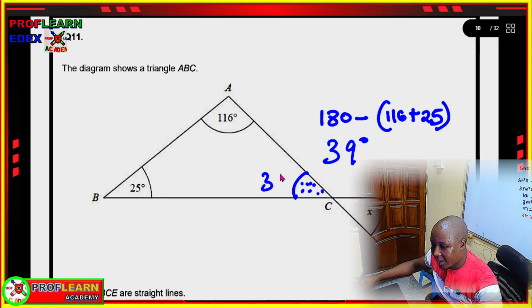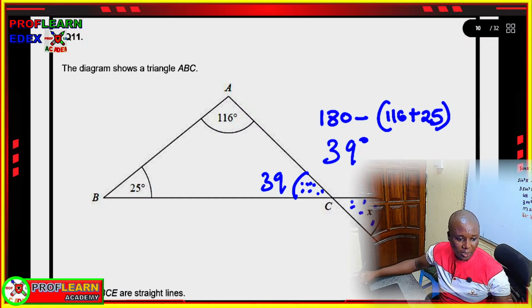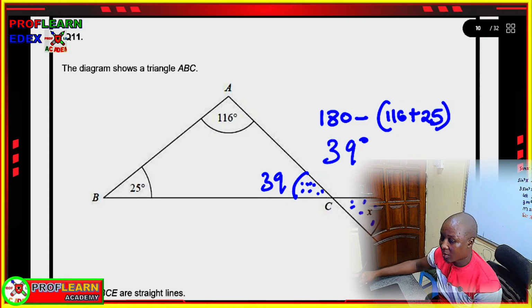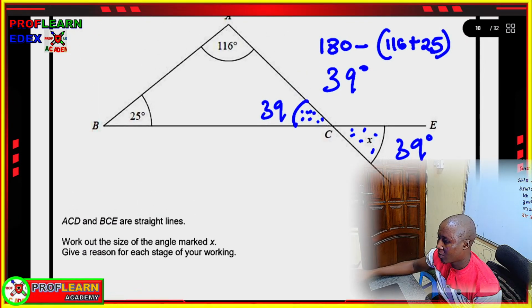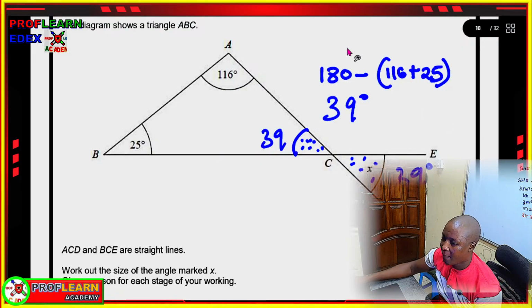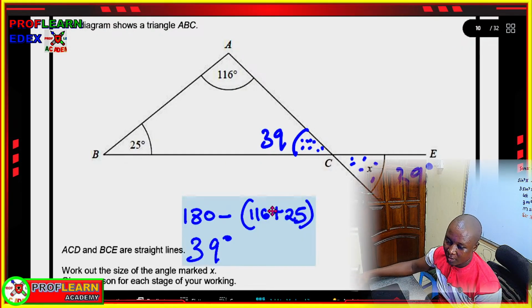So if this is 39 degrees and this angle also is going to be what? 39 degrees. They are vertically opposite angles. Reason is they are vertically opposite angles. So we can transfer that down here so that we can make the examiner happy.